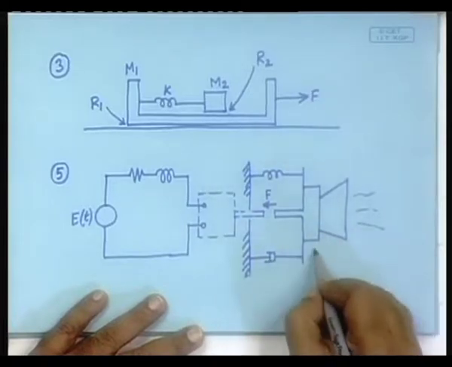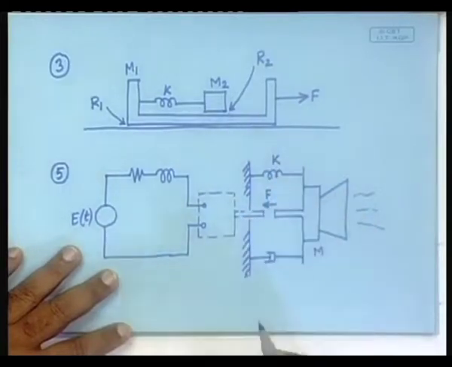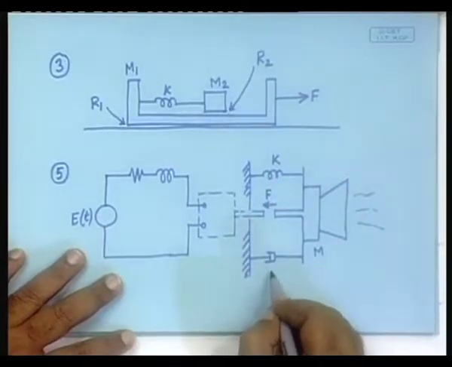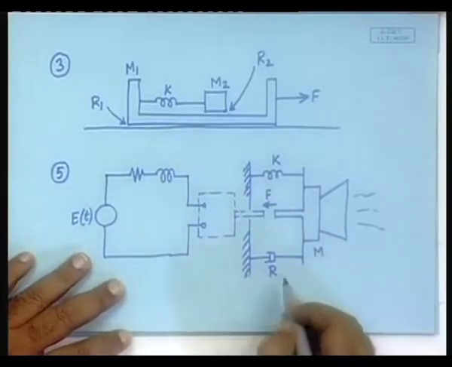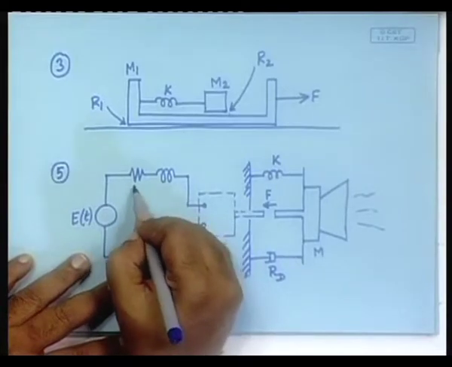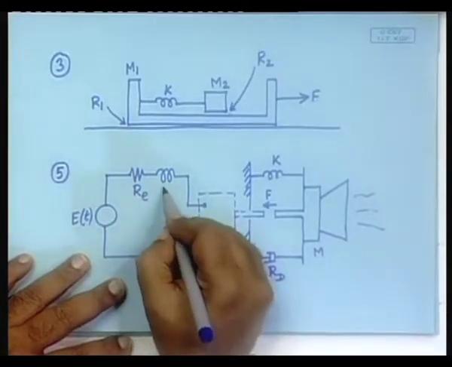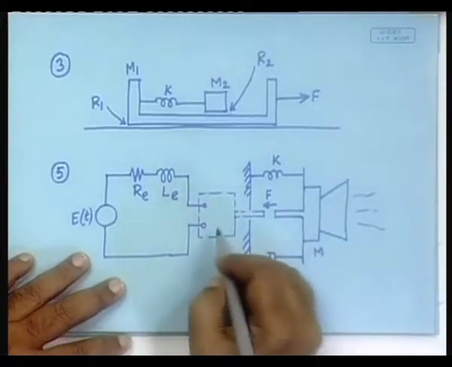So, there will be a mass here m, there is a spring constant k, there is a resistance of the device R d maybe, and here is the R electrical and L electrical, and here is a transducer.